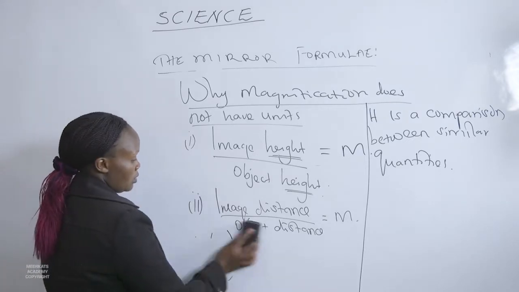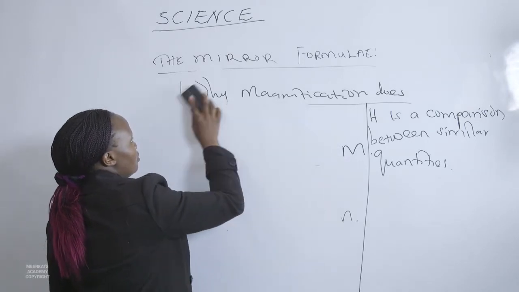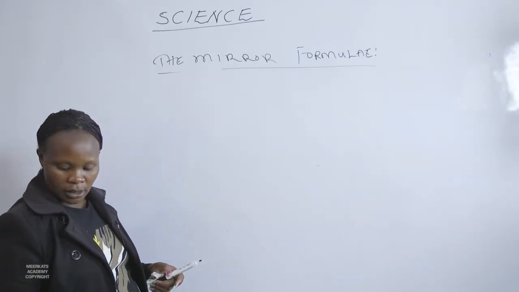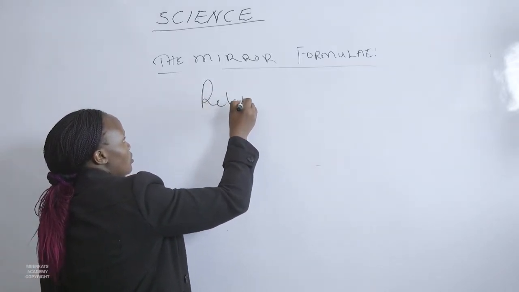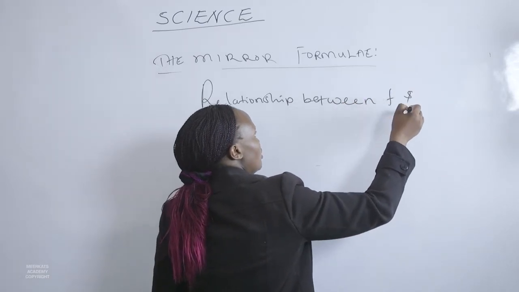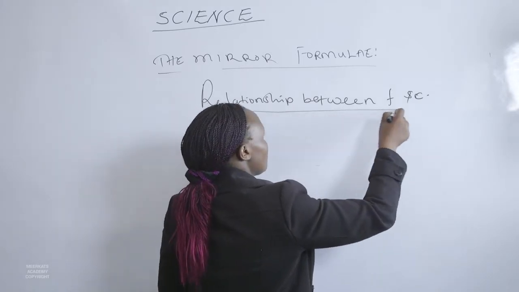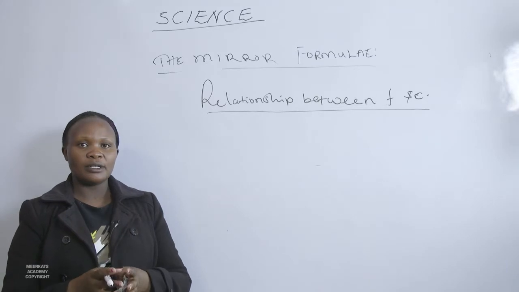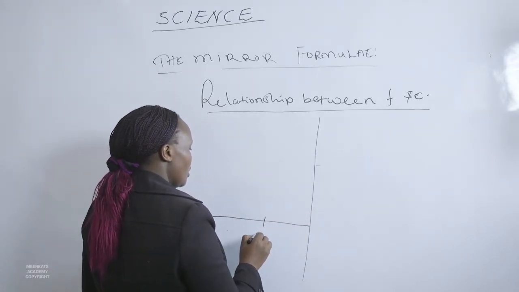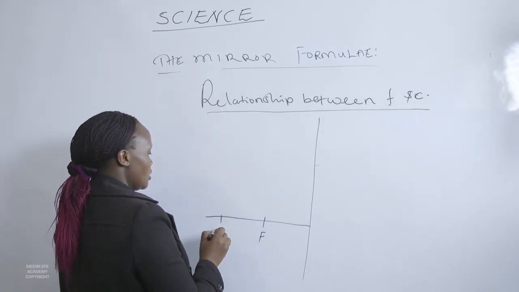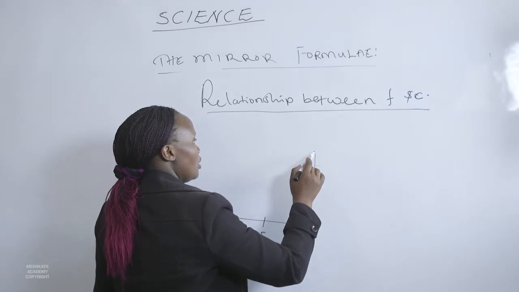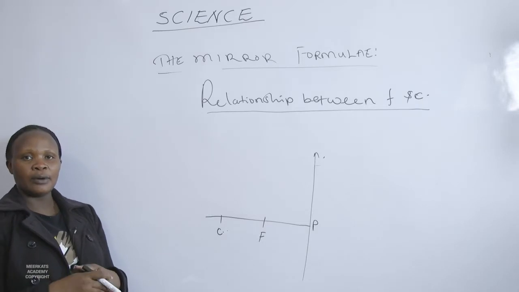Now, I look at the relationship between F and C. In our ray diagrams, we've kept on looking at 2 very important points of reference, where we have had F, then we have had C. Then here we can put our pole and assume that that one is our reflecting surface.